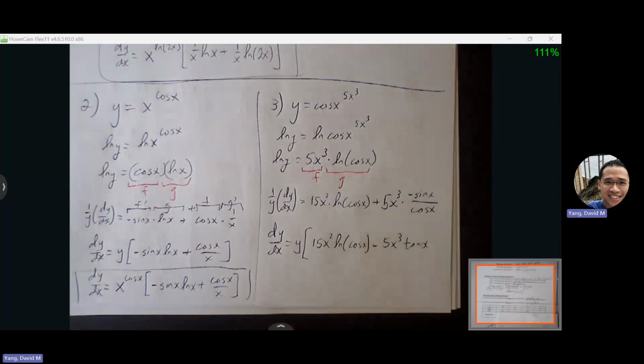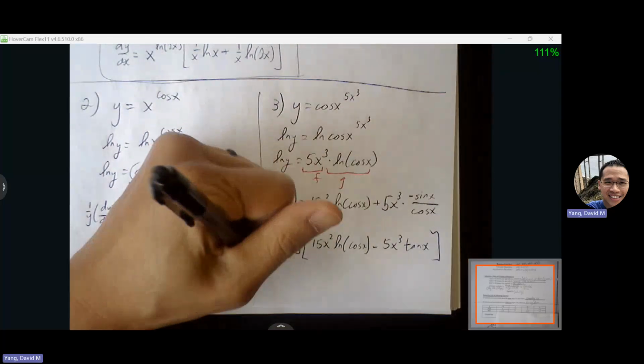I saw sine over cosine is tangent. I made that replacement.